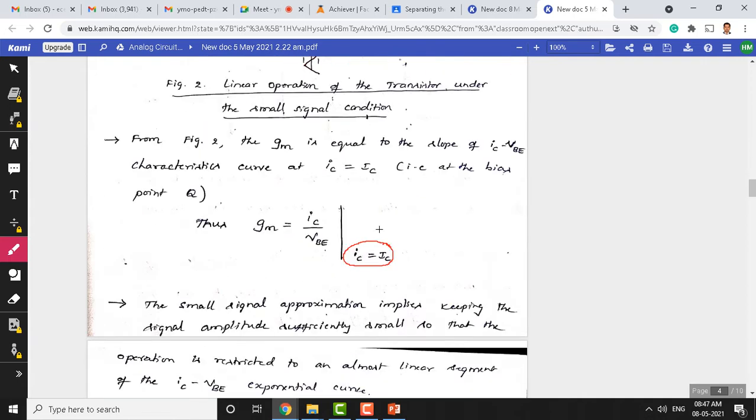Other definitions for gm we have also defined. gm is equal to IC by VBE. This is the output current, which in this case is the collector current, by the input voltage, which is VB. This is total collector current and total base emitter voltage, and this is measured at the DC collector current. So that's the definition for transconductance here.